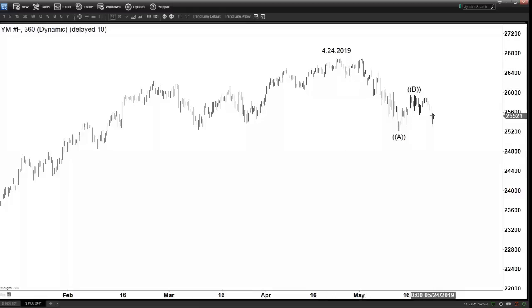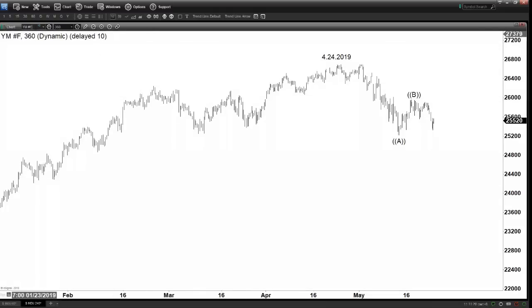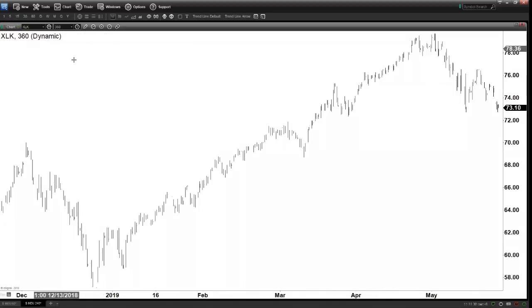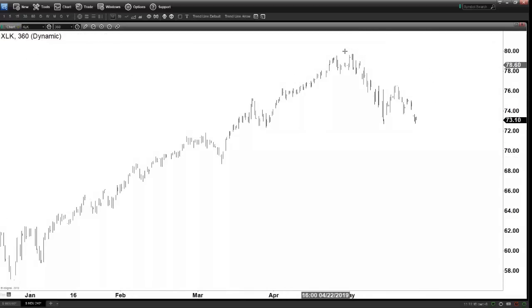Now, the index itself has not broken below here, but if you look at the sectors within the broader index, many of them already broke down. For example, the technology sector, XLK, this is an ETF. You can see it's already breaking down below this, so now showing a lower low.